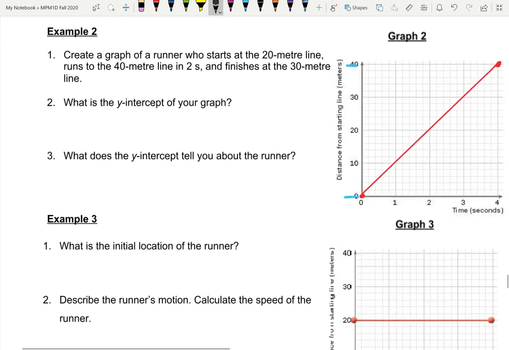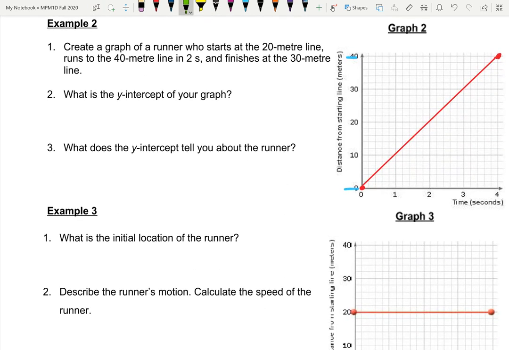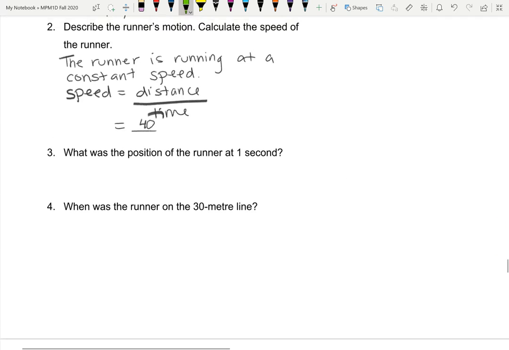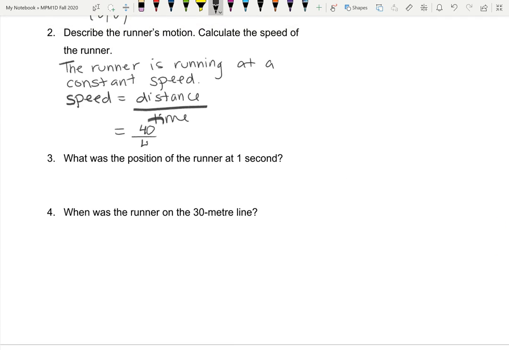And my x from 0 to 4 seconds, so there's a change of 4 seconds. So that's 40 meters in 4 seconds. 40 divided by 4 is 10. Now remember, this is a unit rate, so we need to include both units. My units are going to be my numerator per my denominator: meters per second.